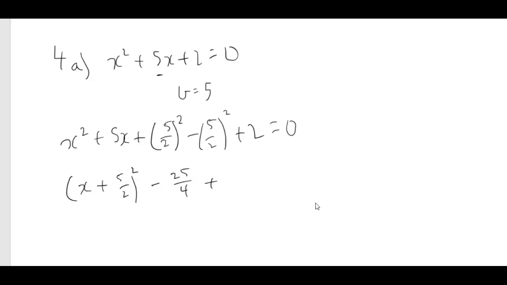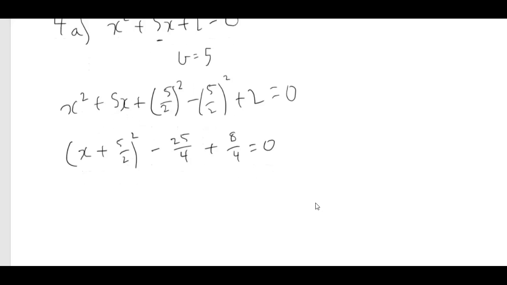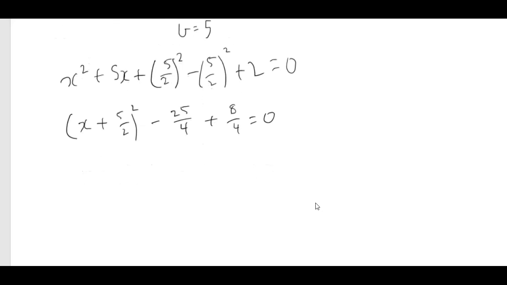And now because I'm going to have to deal with fractions, I'm going to change that to be 8 over 4, just so we can add these fractions together. All right, so I've got x plus 5 on 2 squared, then negative 25 plus 8 gives me negative 17 over 4 is equal to 0.